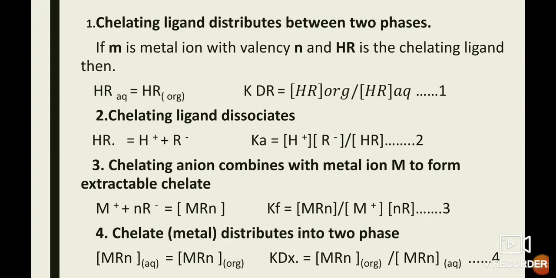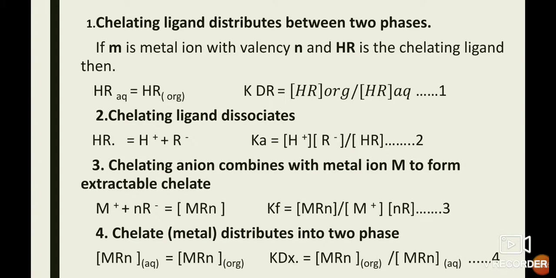First, the chelating ligand distributes between two phases. Here M, small m, is the metal ion with valency n and HR is the chelating ligand. The chelating ligand distributes between the aqueous and organic phase. Then the equation: HR aqueous is equal to HR organic.